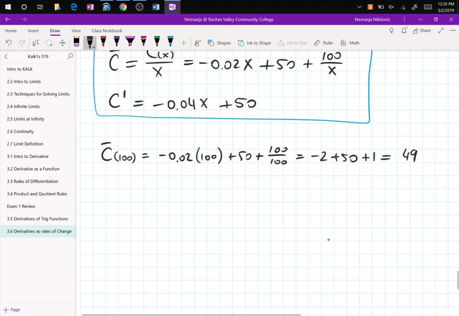Potatoes? It's dollars per unit. So on average, it costs you $49 to make a unit. I don't care what this is. It could be shoes, could be cars, if it's in thousands. It doesn't matter what it is. It costs you $49 to make one on average.